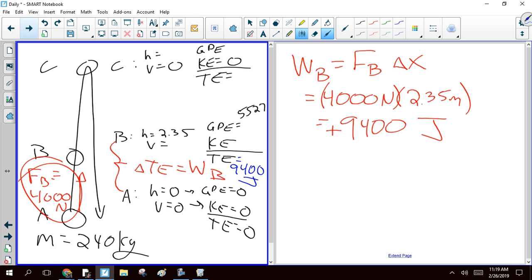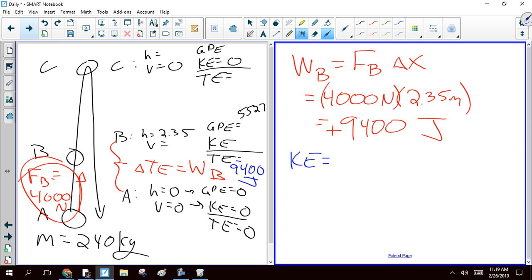So the kinetic energy is 9,400 minus 5,527. Kinetic energy is 3873 joules. And so now I can find the velocity.